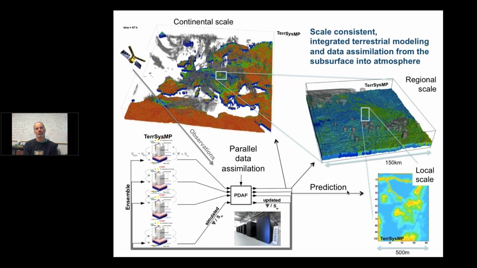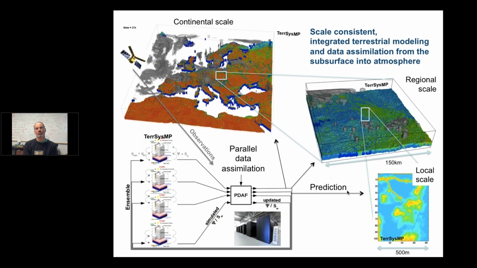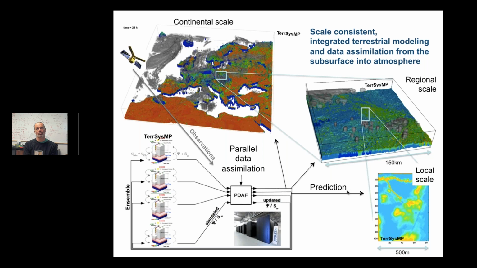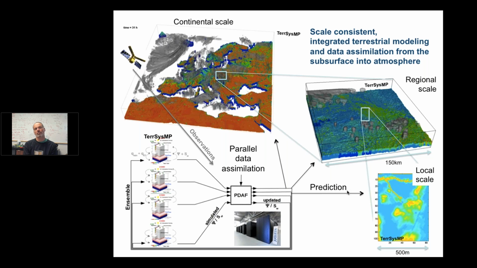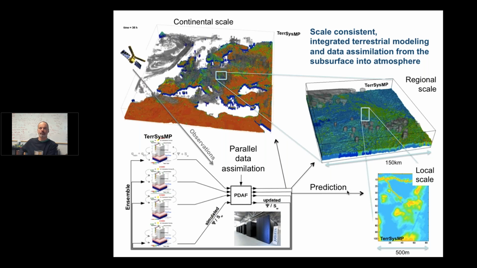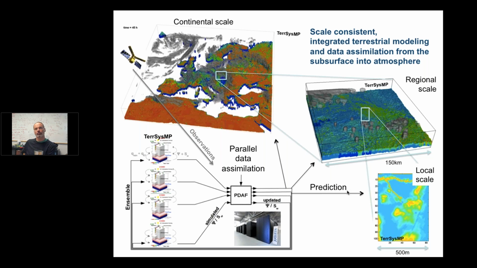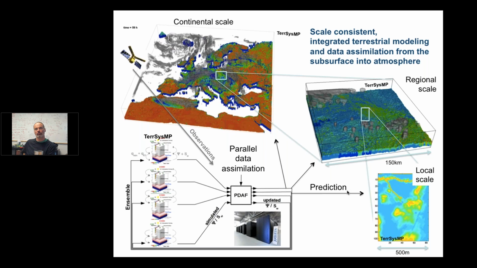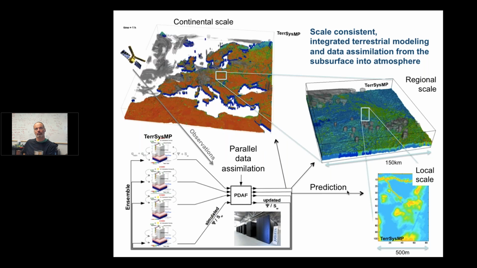It's almost like an atmospheric model. In atmospheric simulations, people now move to the convection resolving scale. So they simulate continentally, or even globally now, towards kilometer scale resolution to resolve deep convection, for example. And in hydrology, it's very similar. We can resolve processes much better at higher resolution.